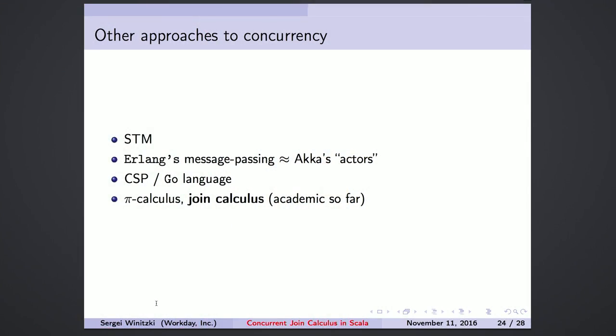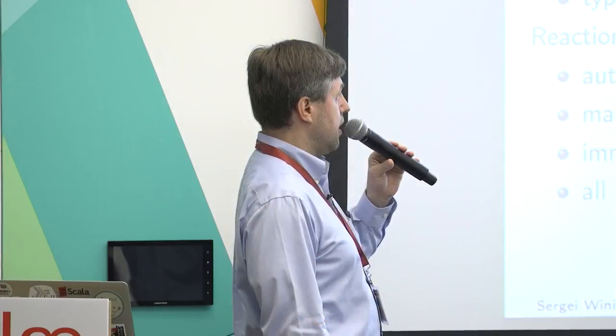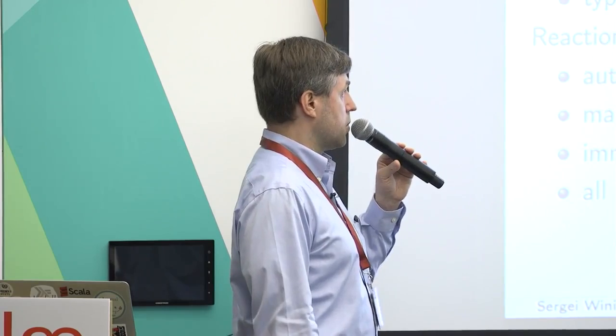There are other approaches to concurrency, of course. As actors, let me do a comparison briefly here. So actor is like a reaction, and an injected molecule is like a message sent to an actor. Except that actors need to be created and managed explicitly in your code.